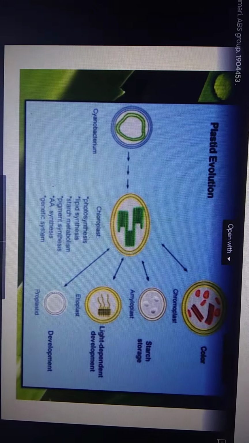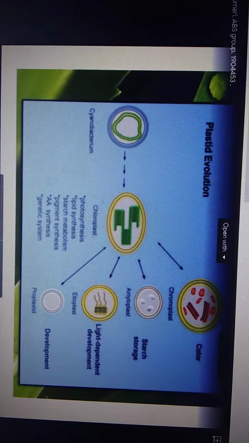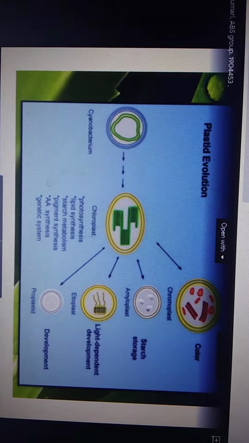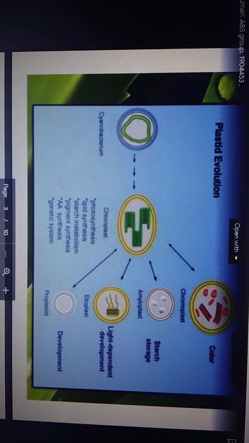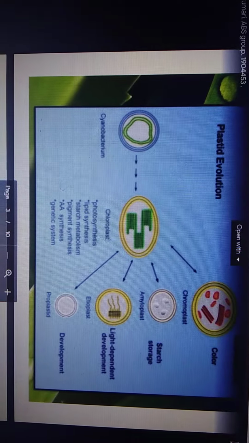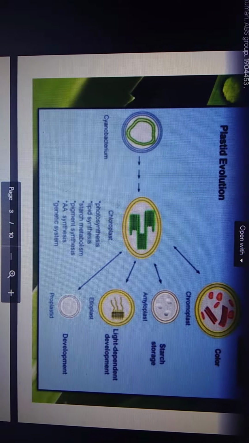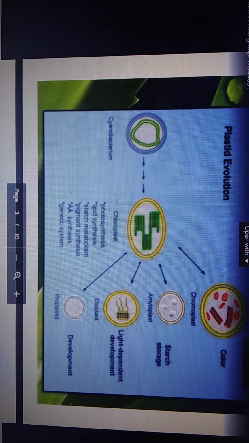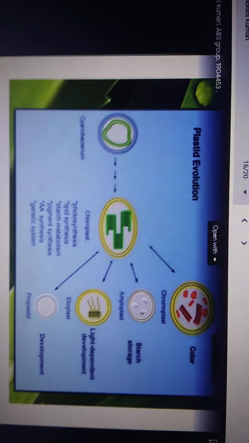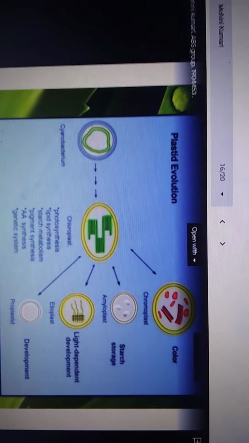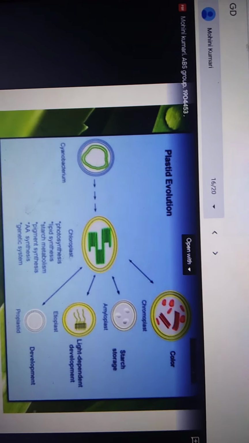The proplastid can also give rise to other kinds of plastids, of which chromoplast is of red color, amyloplast is starch-containing plastid, and the third is etioplast, which is there in the non-green parts of the plant leaves, like when the plant leaves are in the dark or under the soil.